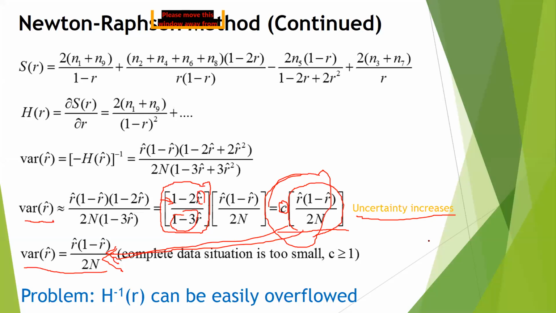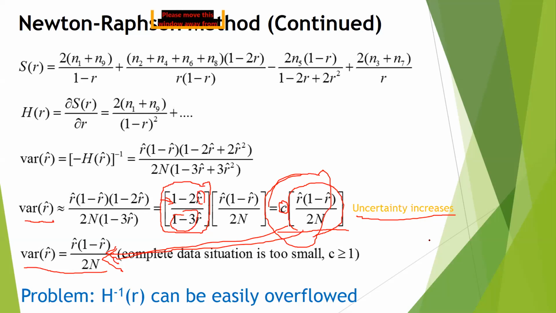Does that make sense? So I could ask you a question in the final, so pay attention. I may ask you to compare the complete case and the incomplete case. What's the difference? This is a major difference, right? Because when you deal with the incomplete data, you lose some information, and that's the cost. You have to pay for that.